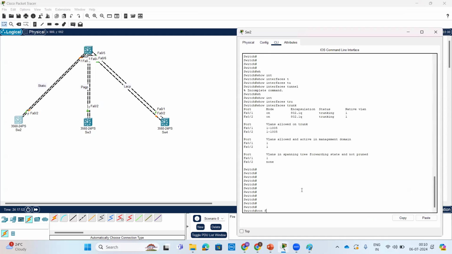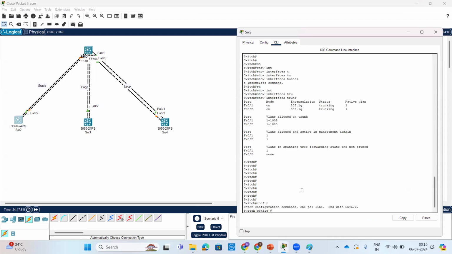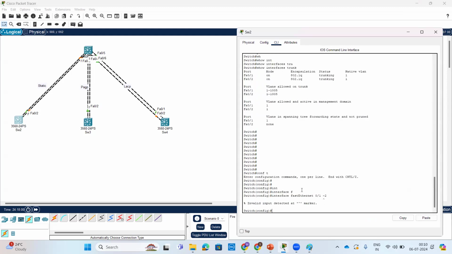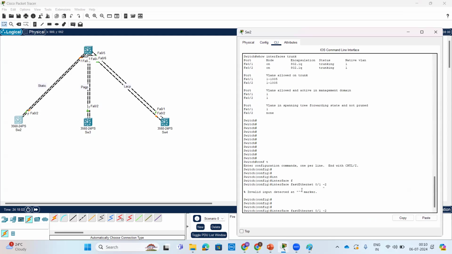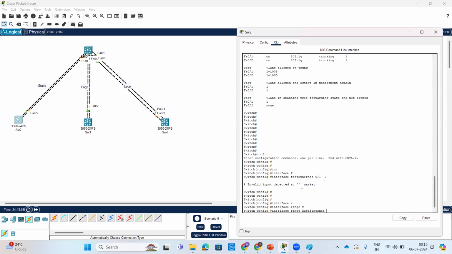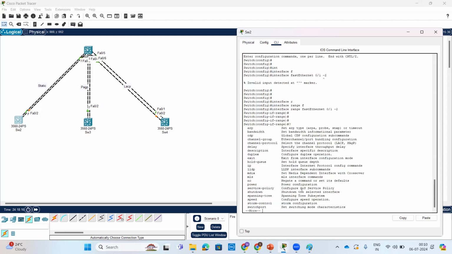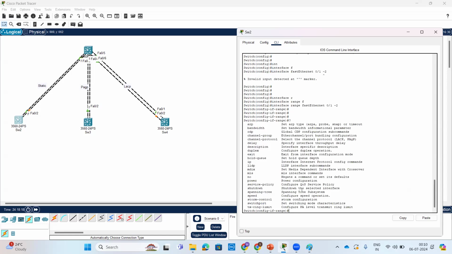Configure the same thing here also. Config terminal, interface range FastEthernet 0/1 to 2. Then channel-group. Here we can enable the channel in two ways.